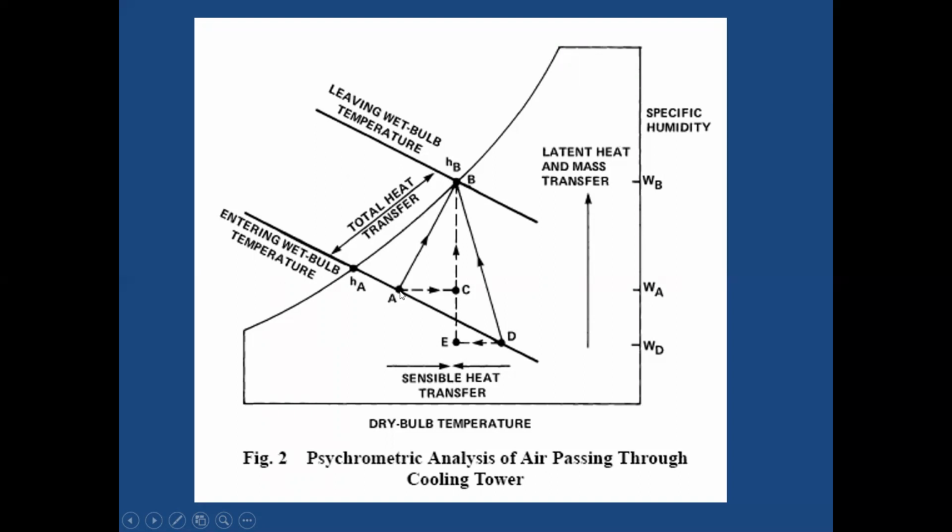And there are two entry points we are considering, one sample at A, the other at D. Now, if you compare these two conditions of the cooling tower, you will realize that at point A, this is the total heat transfer to the air. So air gains sensible heat as well as latent heat. This is the total heat gained by the air, that is sensible heat plus latent heat, when the condition is at A.